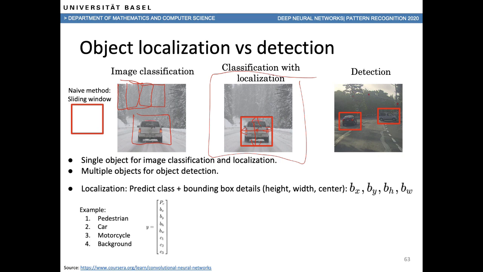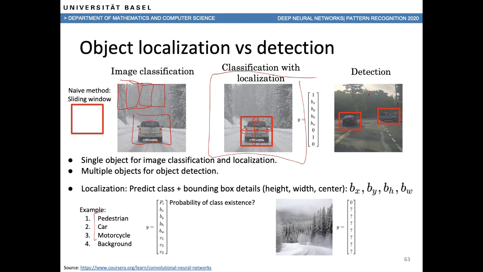So instead of having a label output saying car or not car or cat or something, you might have the output looking something like this, where the top, PC, is the probability of a class existing. So in this case, we have 3 different classes plus background. For instance, in the case where we do not have any of the items, like no car, no motorcycle, no pedestrian, then we'll put a 0 probability in this P of class.